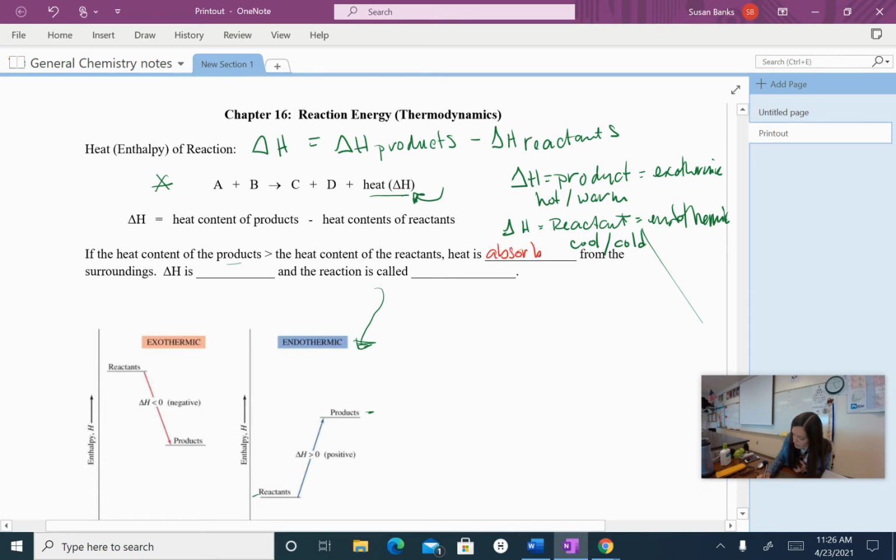That means delta H, look at this, I had to go up. This is going to be positive. So delta H is positive. I had to put heat into that system to make those products. That reaction is called endothermic. These are the reactions that feel cold or cool.